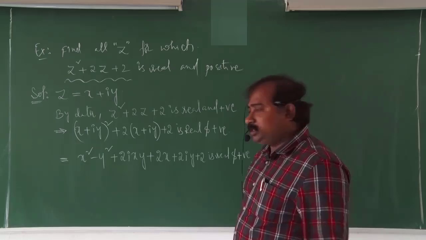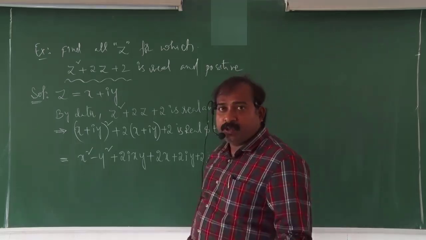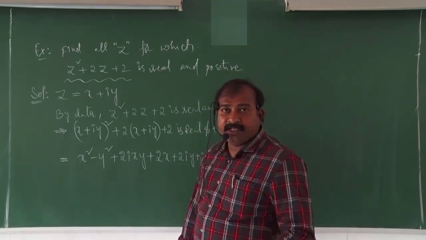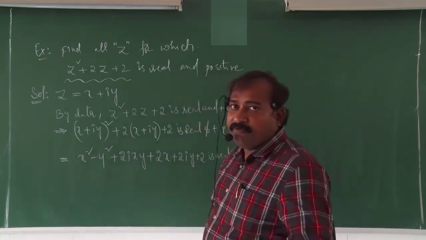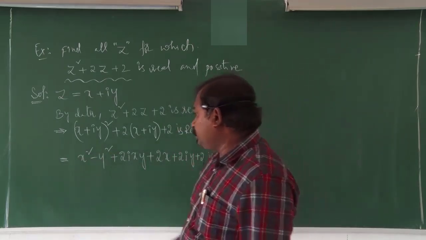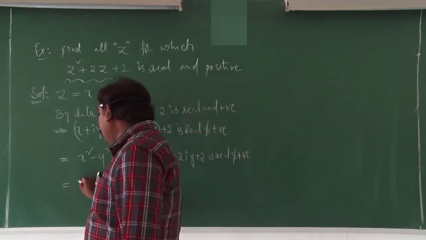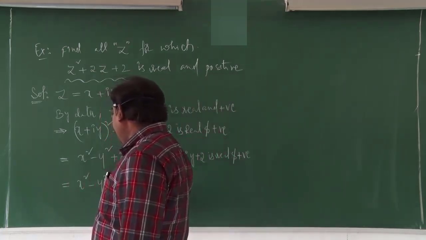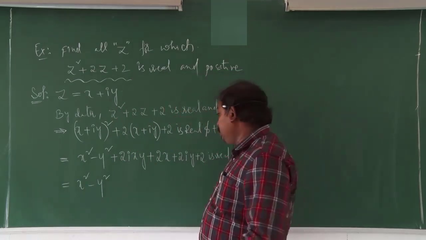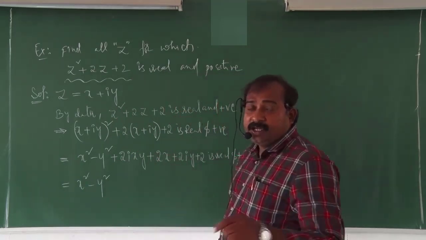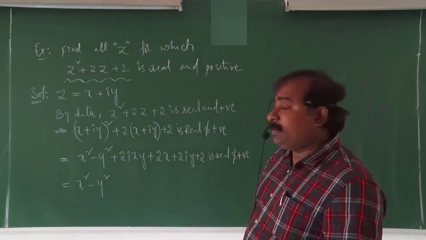Got it, all of you? Simple logic. We are taking z equal to x plus iy, and by replacing it here, I am following the given data. Now this is equal to x square minus y square. Now I will divide the entire complex number into the real part plus the imaginary part.